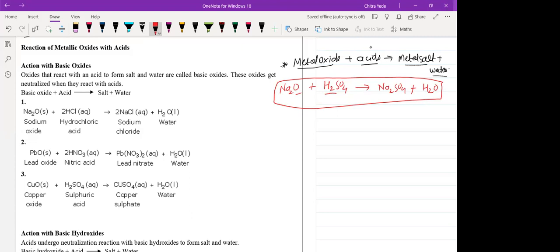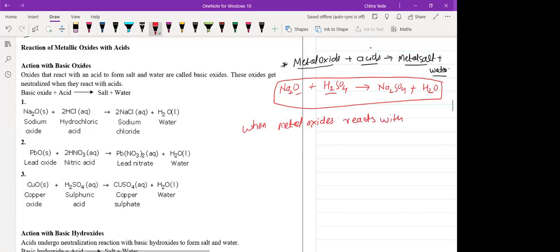Now we have to describe the reaction. So what will be the description of the reaction? When metal oxides react with what?